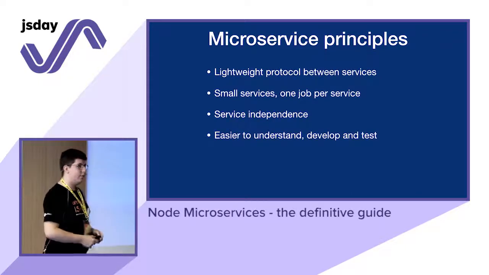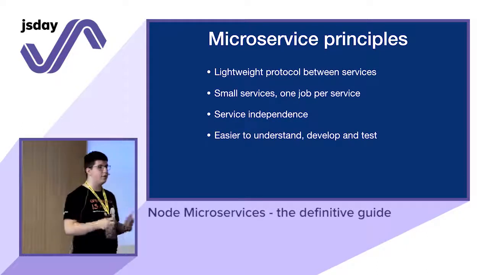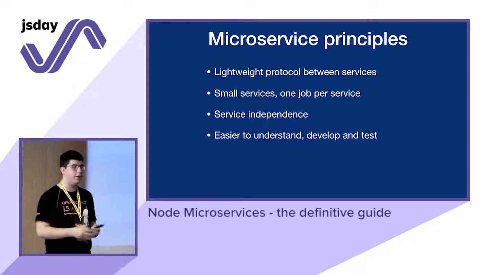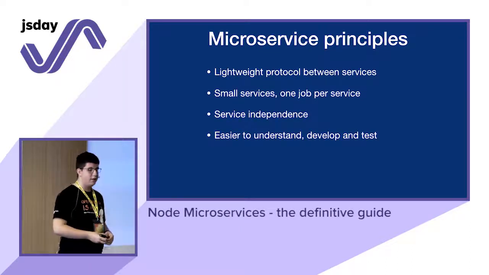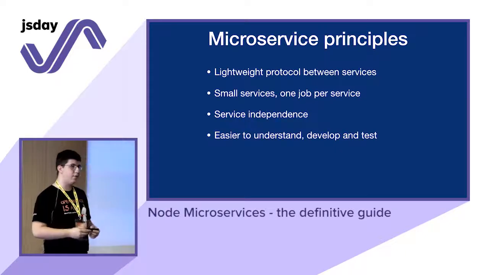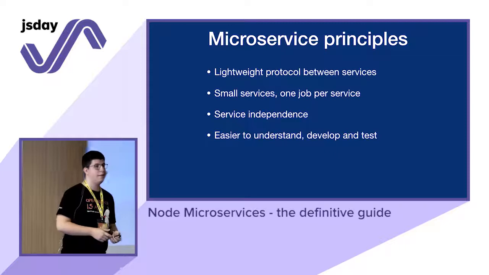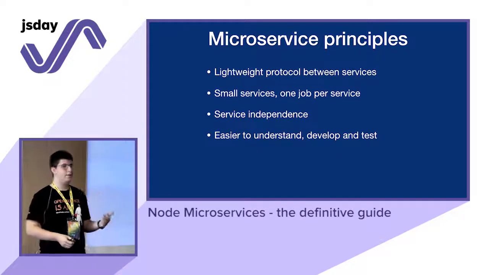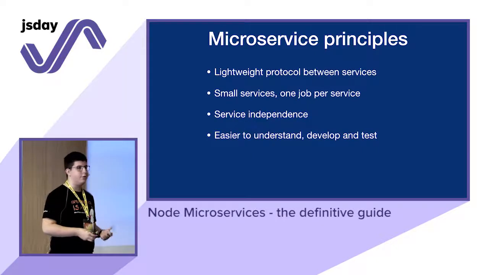Next thing, microservices are here to help us easily create and deploy our application. They shouldn't make things complicated. The whole architecture should be easier to understand, easier to develop and test. Because imagine that you have one big monolith app, and you have to onboard a new developer.